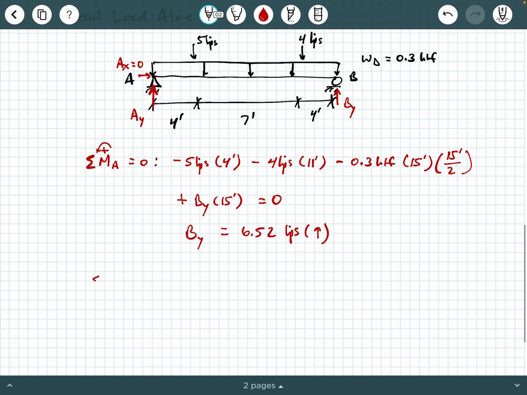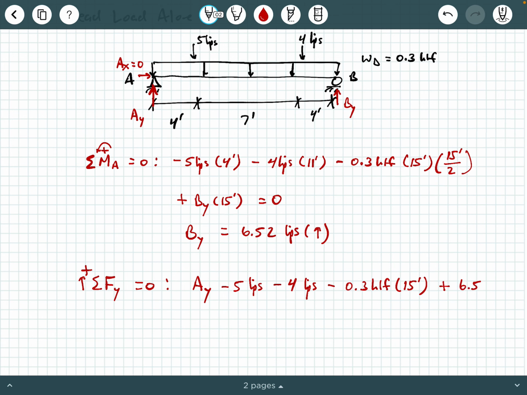And then we can apply sum of the forces in the y direction equaling 0. So from force equilibrium, we'll have positive AY minus 5 kips minus 4 kips minus 0.3 KLF times 15 feet, and then plus BY, which we just calculated as 6.52 kips, equals 0.